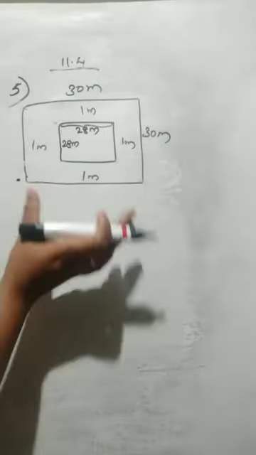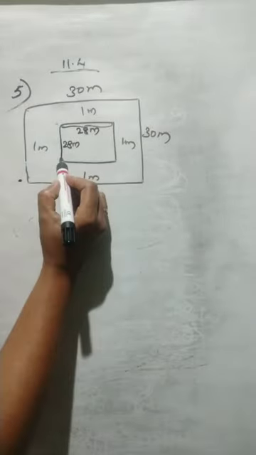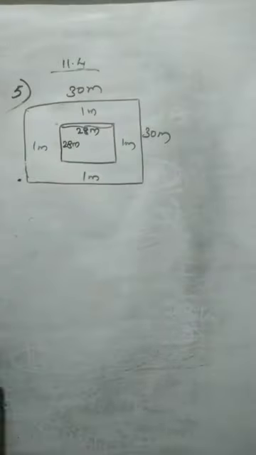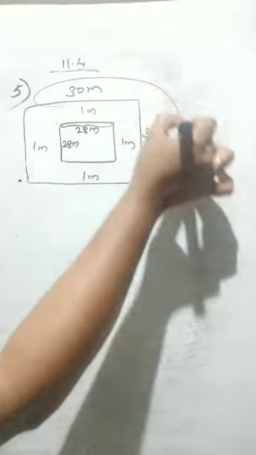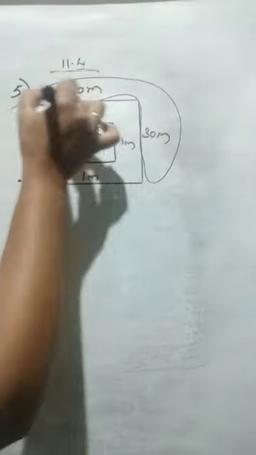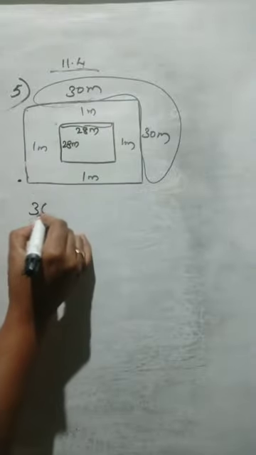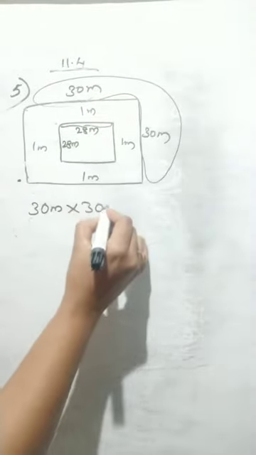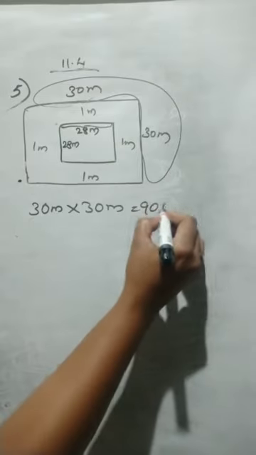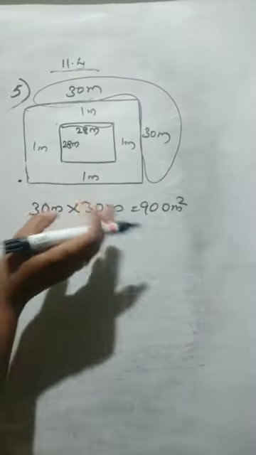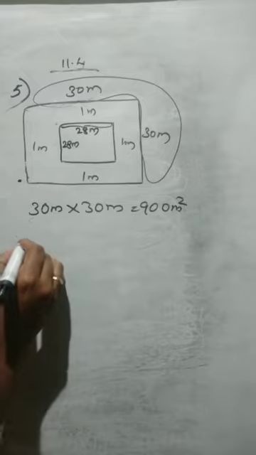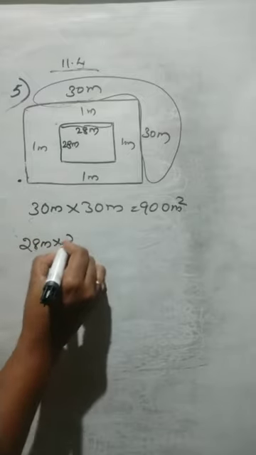Okay. Then again we have to find one more square. That was 20 meter and 20 meter. Then as usual our step, we have to find the area including path. Including this path, that is 30 meter multiplied by 30 meter. That will be 900 meter square. Then without path, excluding path, that is 28 meter and 28 meter.